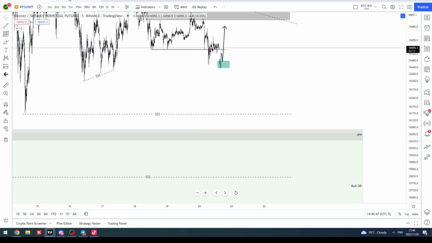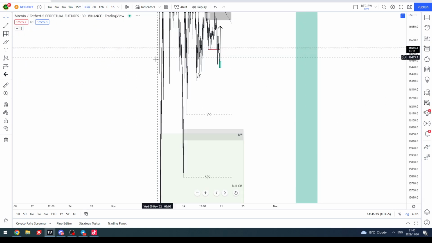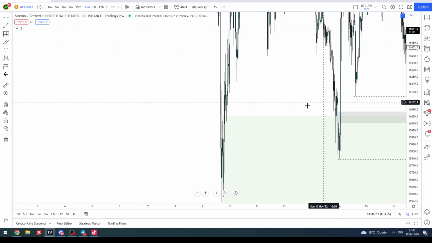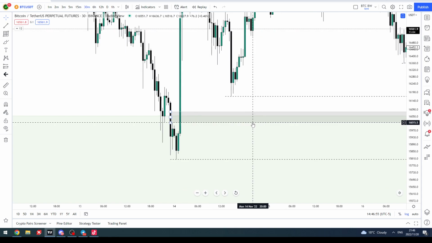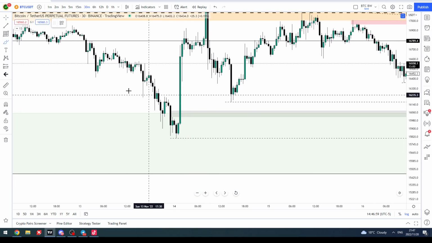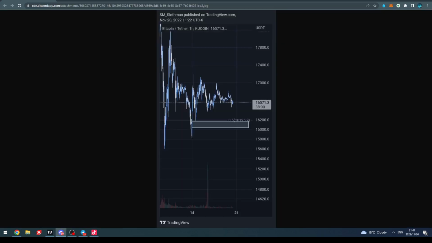So BPR is basically just called a balanced price range, and all that means is that price traded so fast. Now, what time frame was that, by the way? Was it an hourly? You were looking at an hourly, and then price came in and then moved away.